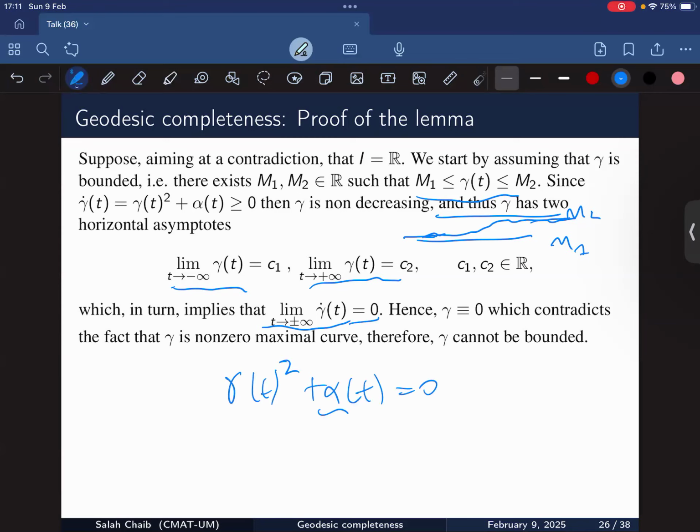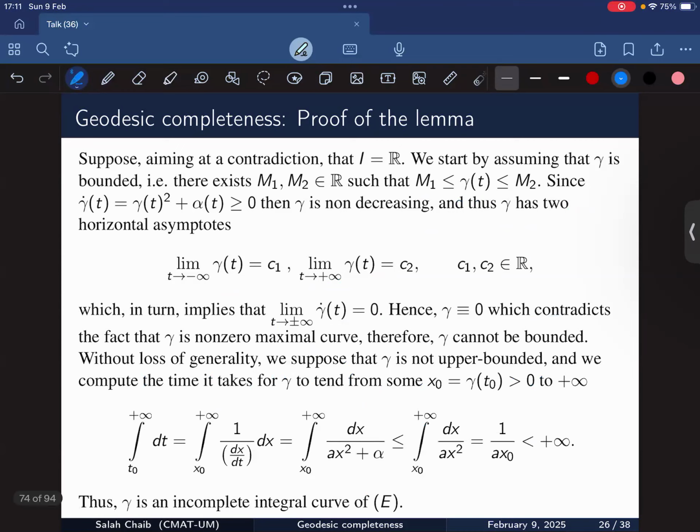But this alpha is positive, so it must be 0. And the limit of gamma at plus and minus infinity must be 0. So gamma is bounded between 0 and 0, so gamma is identically 0. And this contradicts the fact that we take a non-zero maximal curve. So gamma cannot be bounded. If we take a non-zero solution, it cannot be bounded.